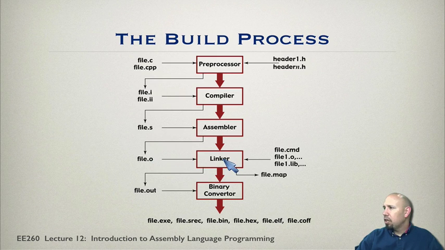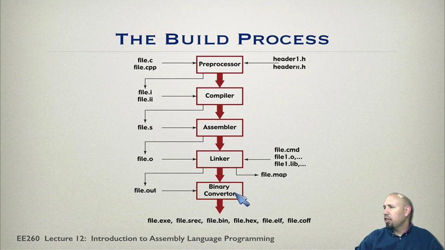That goes into the linker. The linker will combine that file with other files, command files, other object files, other library files. It'll generate a map file, which is used for reference, but it also generates an output file.